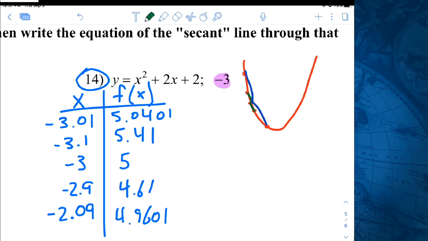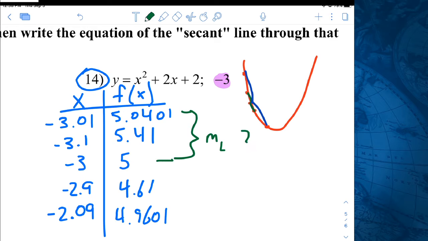So between this point and the 0.01 away, we're going to find the slope there. This is more negative, so that'll be the left-hand side, right?